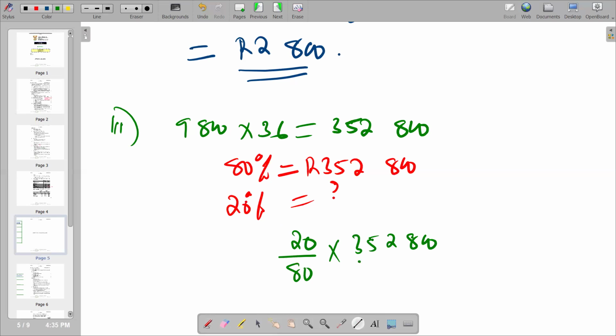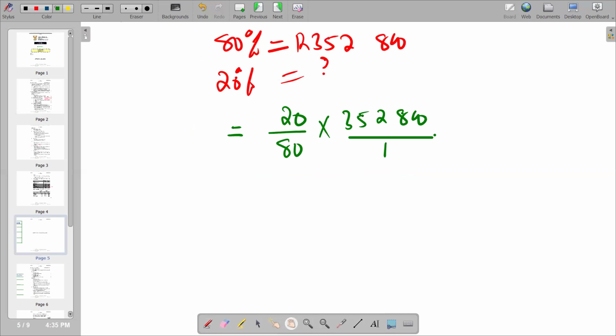So this is what we have. Then we further calculate it. There now 20 over 80 times 352,800. You're going to get your 88,200, which is going to represent the deposit of 20%. So this is what we have on that part.